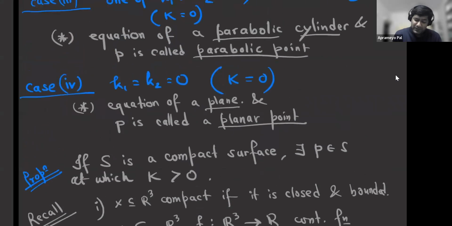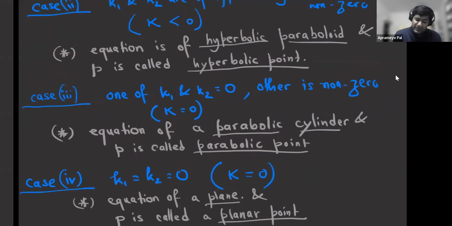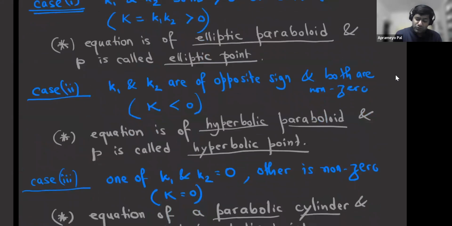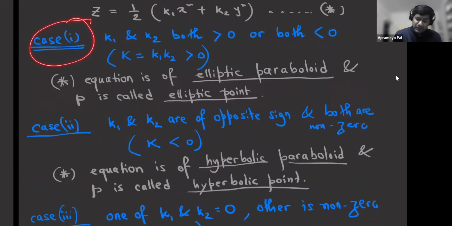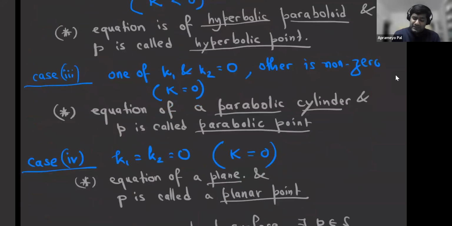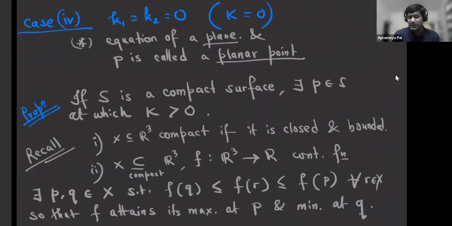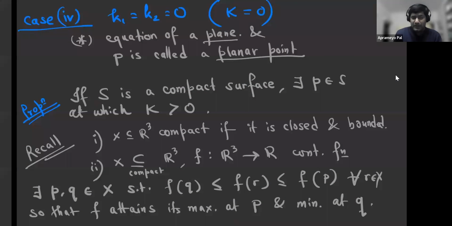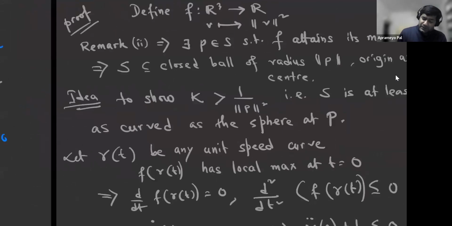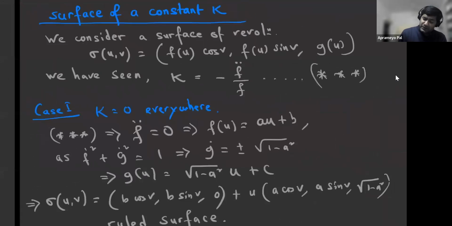So in some sense, we have already shown that all of case 1, case 2, case 3, case 4 will definitely occur if S is a compact surface which is not a sphere. For example, the torus is an example. And if you consider a surface of revolution, you find all of this.